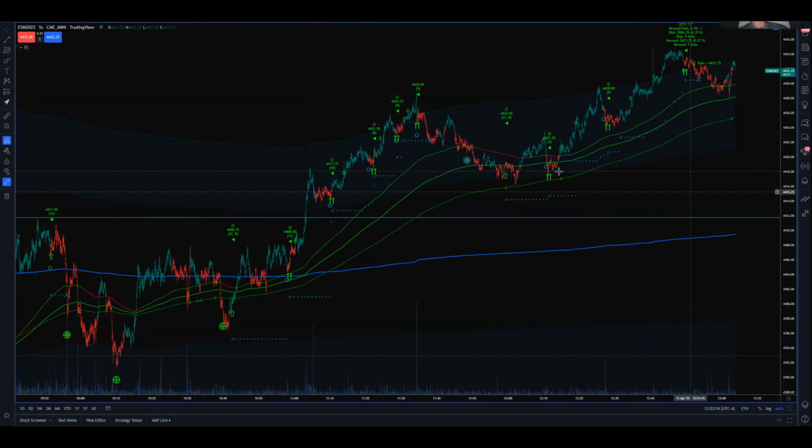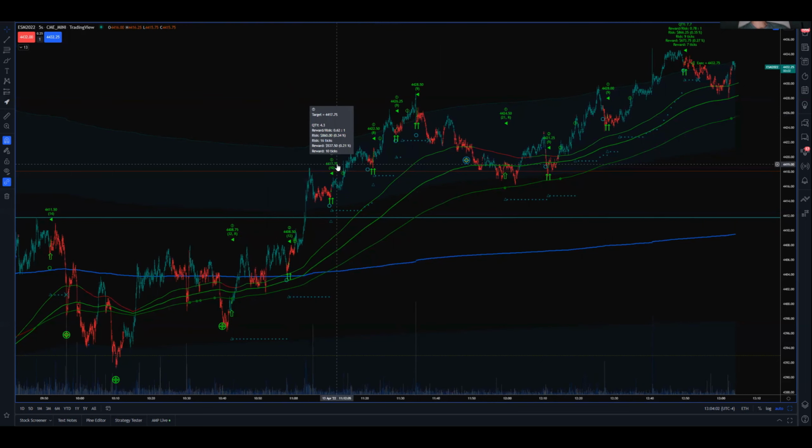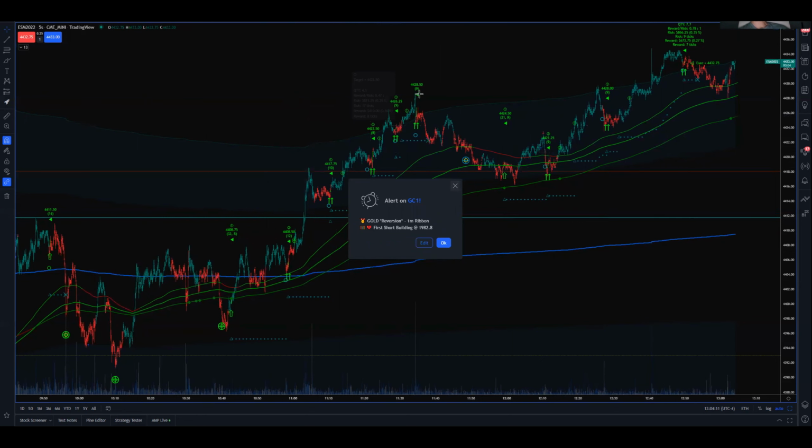That's great. Even if the reward risk is less than 1, which a lot of these are. This is 0.62. This is 0.47. That's okay. This one right here was 0.56.